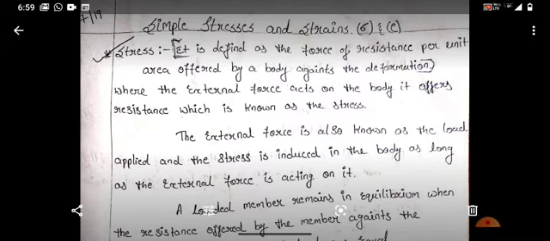Load, and the stress is induced in the body as long as the external force is acting on it. So I will illustrate this same thing with some small example so that you'll understand clearly how the stress is going to act on a body.